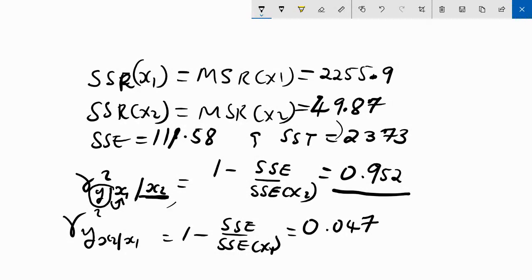How did you get 47, leadership? Because I multiplied it. Multiply it now. 4.7%, I mean. Thank you. 4.7% of the variation in y can be explained by x2.